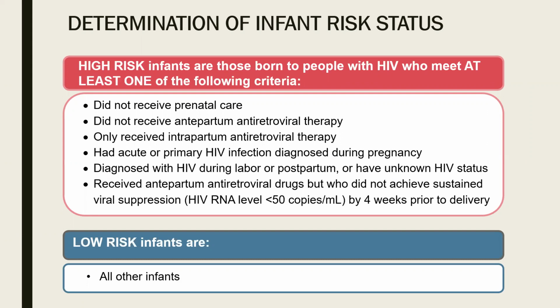She may have been diagnosed with acute or primary HIV infection in pregnancy. She could have been diagnosed with HIV during labor or postpartum, or have an unknown HIV status. Or lastly, she may have received antepartum antiretroviral drugs, but did not achieve sustained viral suppression, defined as an HIV RNA level less than 50 copies per mL by 4 weeks prior to delivery. Every other situation would be considered low risk.